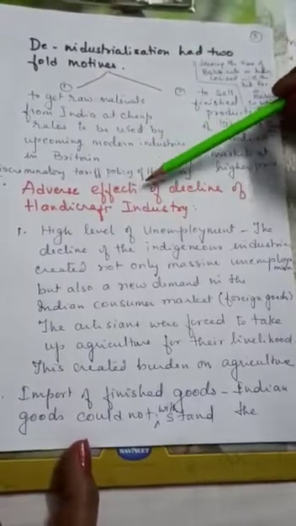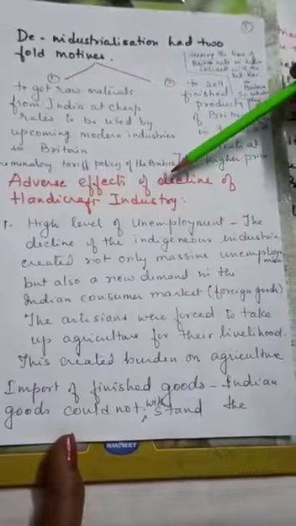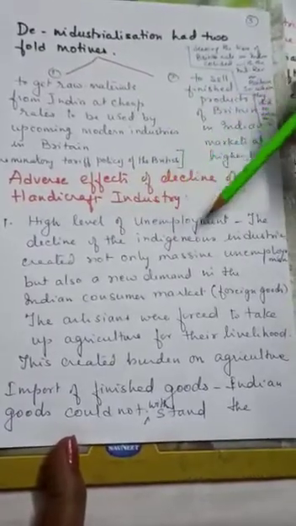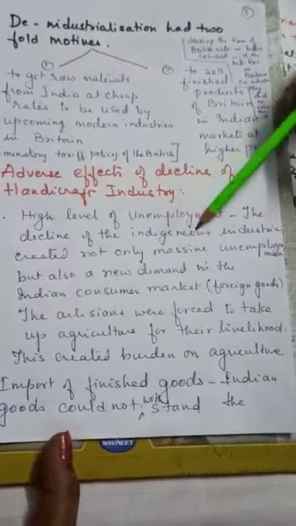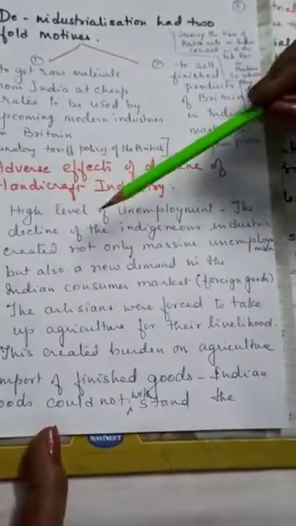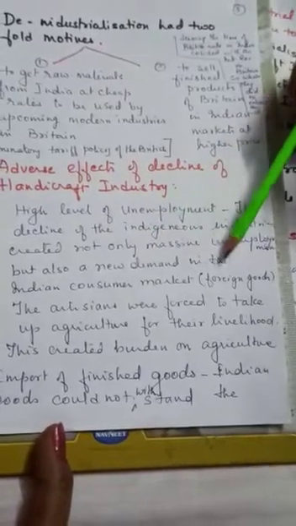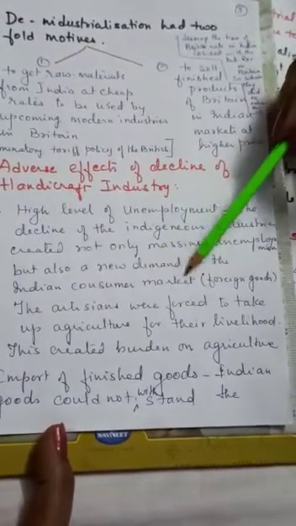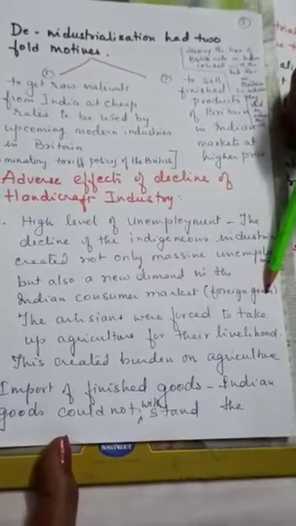Next is adverse effect of decline of handicraft industries. The effects were a high level of unemployment. The decline of the indigenous, meaning the native industries, created not only massive unemployment but also new demand in the Indian consumer market, that is, the market was flooded with foreign goods.